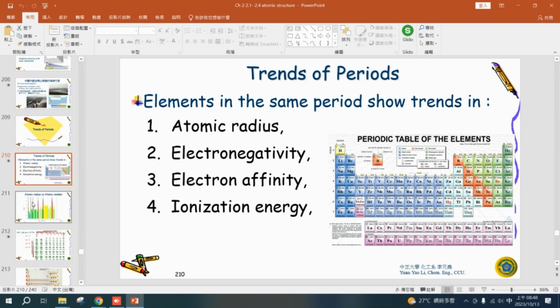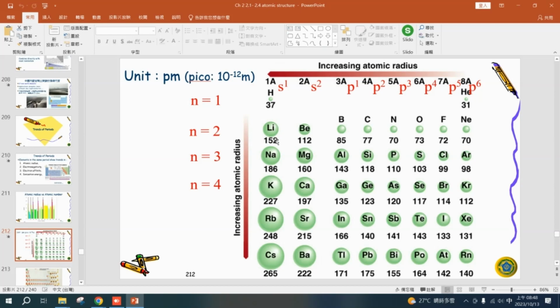So for example, the first one is atomic radius. Atomic radius is increasing from the top to the bottom according to the column, right? All the columns show the same trait. Atomic radius increases because of what?